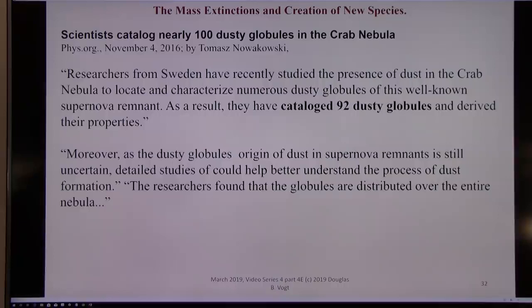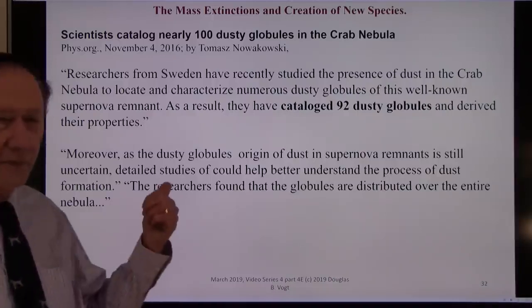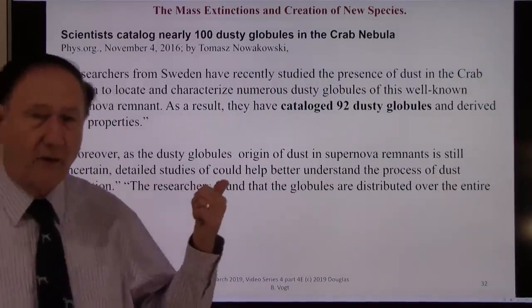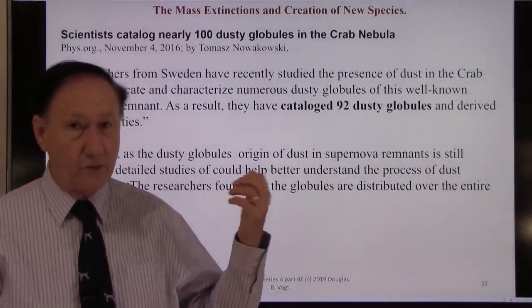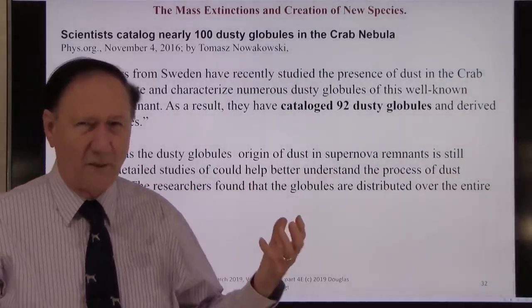As a result, they have cataloged 92 dusty globules and derive their properties. Moreover, as the dusty globules origin of dust in supernova remnants is still uncertain, I'll translate for you. They can't figure out why the star-nova produces this dust shell. Where's the dust coming from? Why?